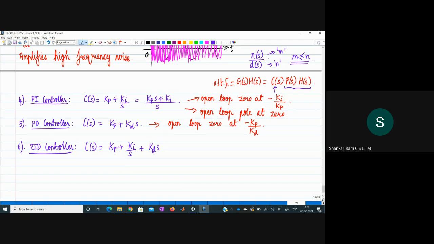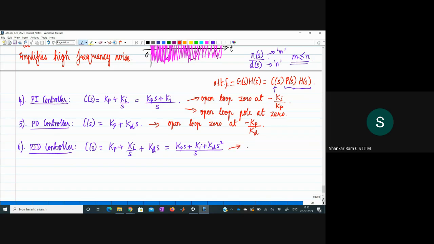If you look at the PID controller, the transfer function of the PID controller will be Kp plus Ki by s plus Kd s. If we simplify this, we get Kd s squared plus Kp s plus Ki, all over s. Immediately you can see that even the PID block is an improper transfer function, because it introduces two open loop zeros and one open loop pole at the origin.